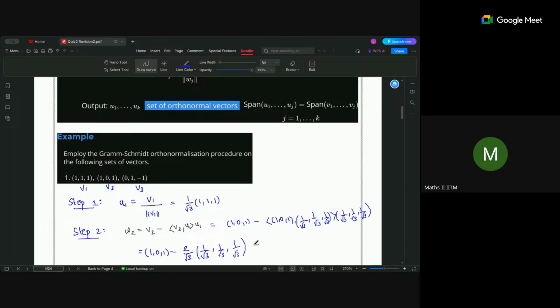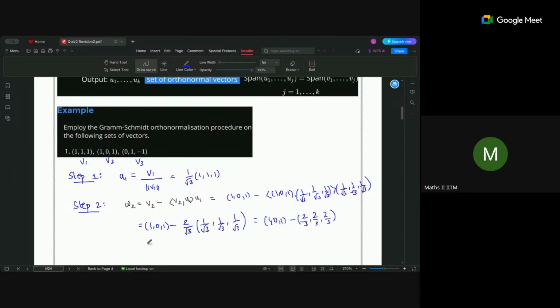Now if you multiply this inside, you will get (1, 0, 1) minus (2 by 3, 2 by 3, 2 by 3). Now if you subtract, what is the resulting vector? 1 minus 2 by 3 is 1 by 3, then 0 minus 2 by 3 is minus 2 by 3, and again 1 by 3. So this is the resulting vector.